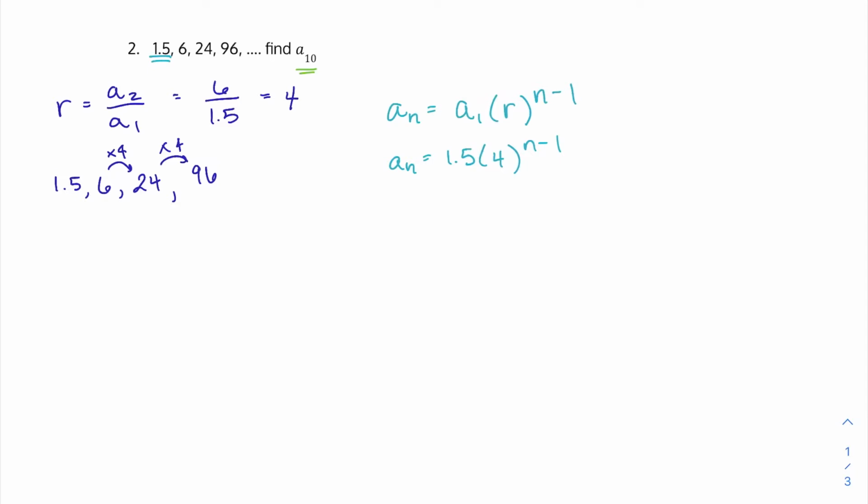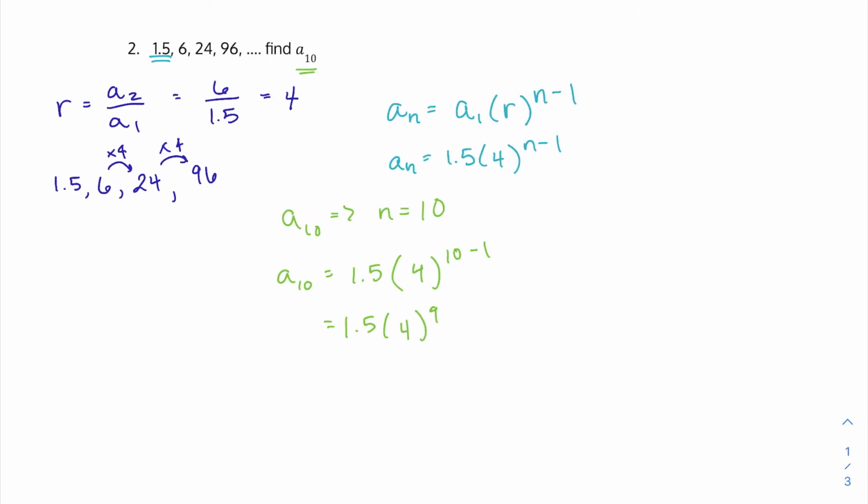So when I'm looking for the 10th term, I'm looking for A10. That tells me that n is equal to 10. I'm looking for the value of the term in the 10th position. So I do that by plugging in 10 to my formula. So then that's going to be 1.5 times 4 to the 9th.